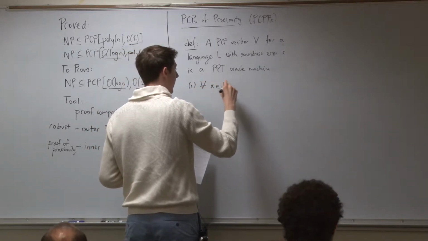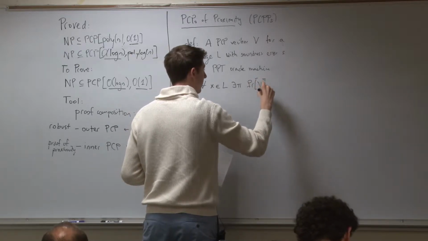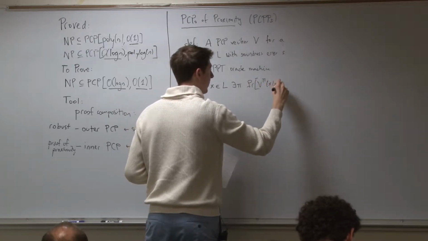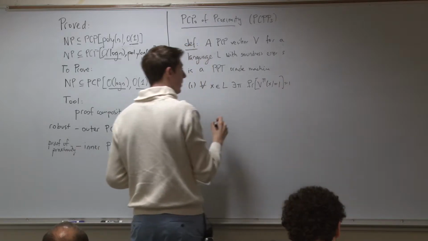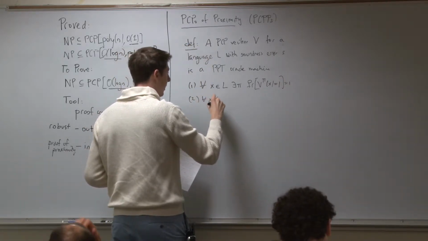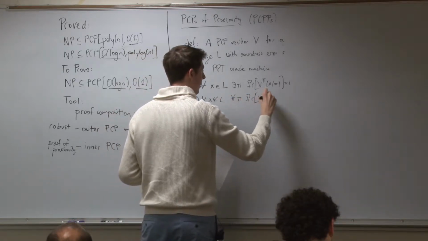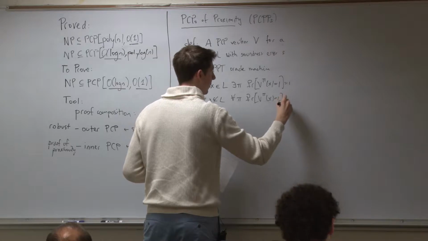So for every x in L, there exists pi such that the probability that V, given oracle access to pi and input x, outputs 1 is always, and the probability is over the verifier. When x is not in L, for every pi, the probability that V accepts x is at most s.